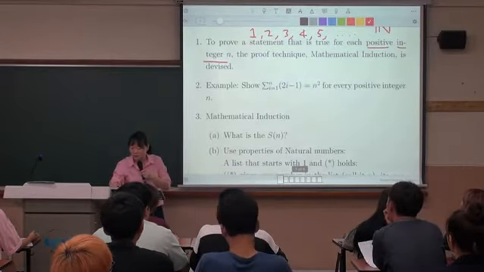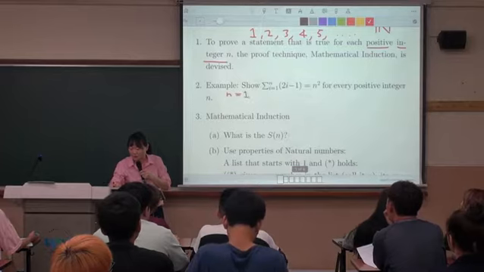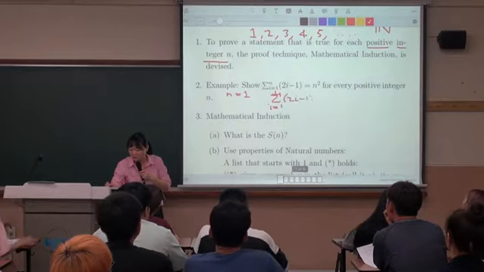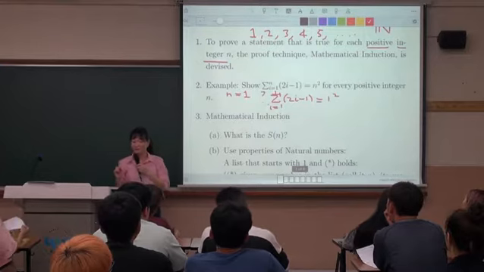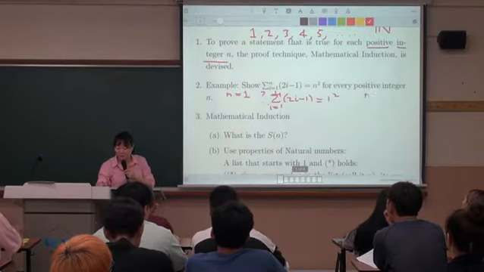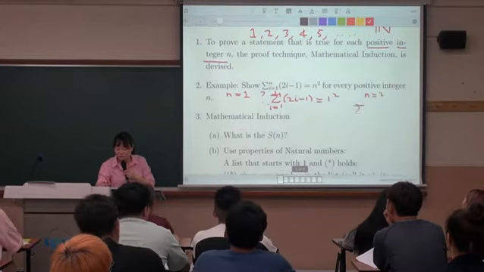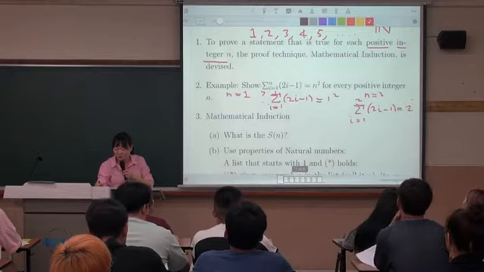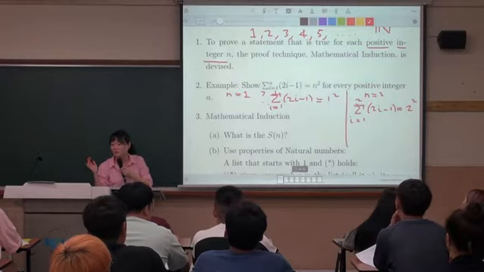So when n is 1, we have to show summation i from 1 to 1, 2i minus 1 equals 1 squared. When n equals 2, we have to do i equal to 1 to 2, 2i minus 1 equals 2 squared, etc.